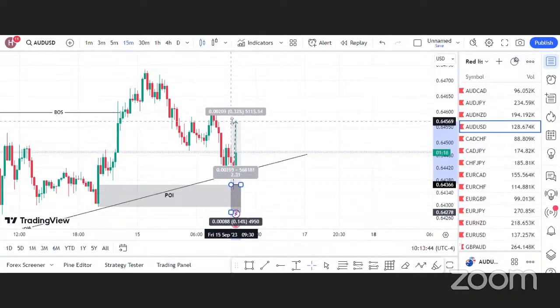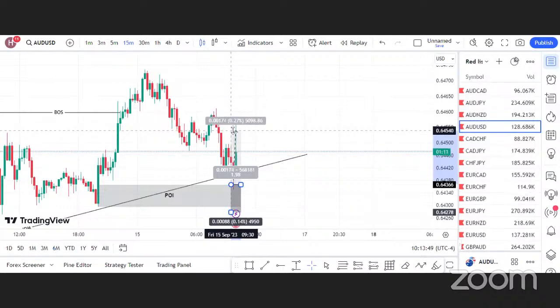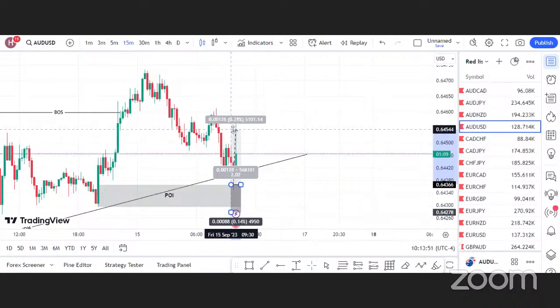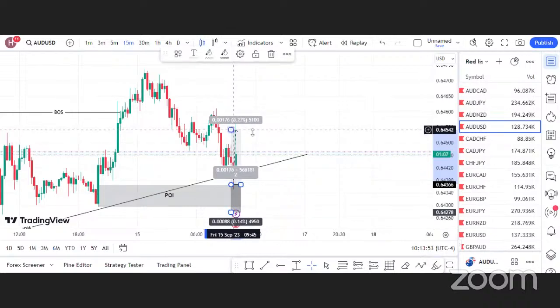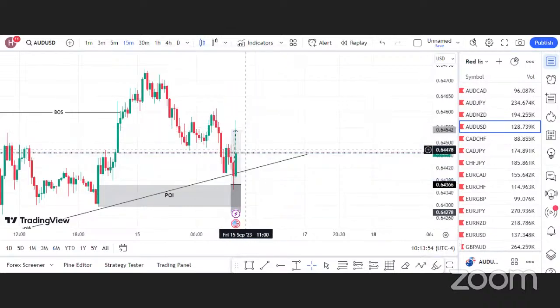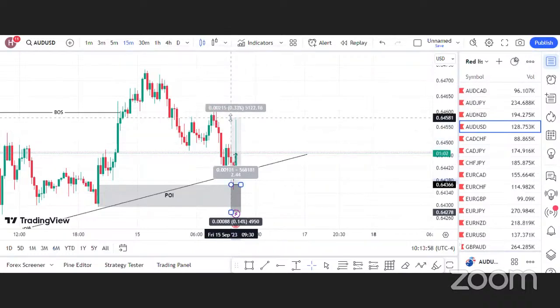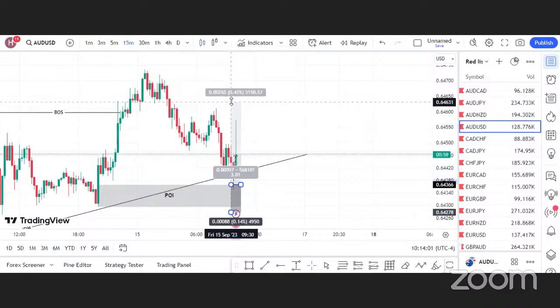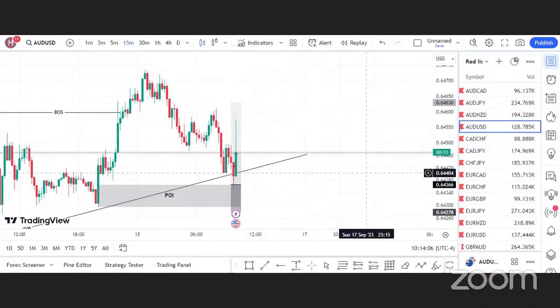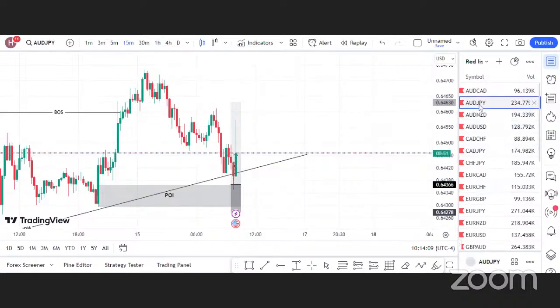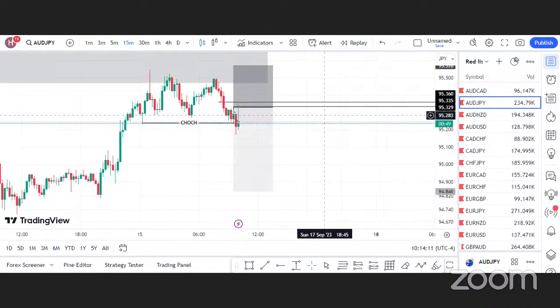Assuming we were targeting 1 to 2, that is 2 times of whatever we are risking, we would have taken profit from here. I hate missing entries. Seriously. I hate it so much when I miss entry.